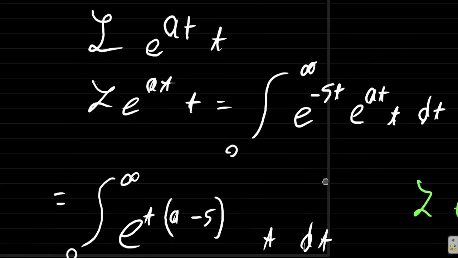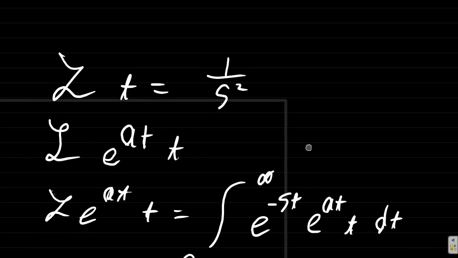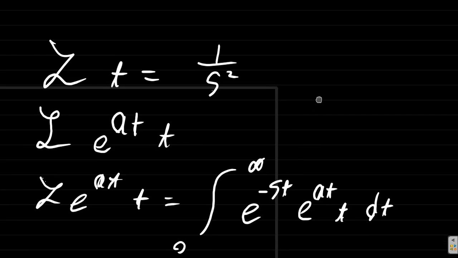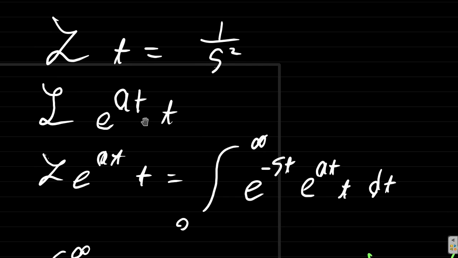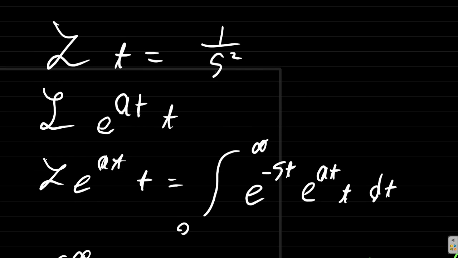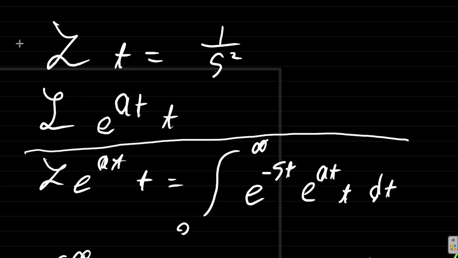So here we can say that the integral of e to the at times t is 1 over s minus a, which is s minus a squared.